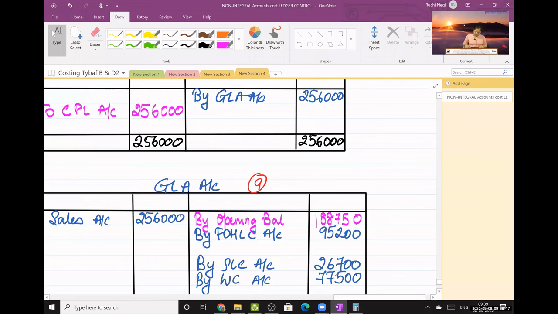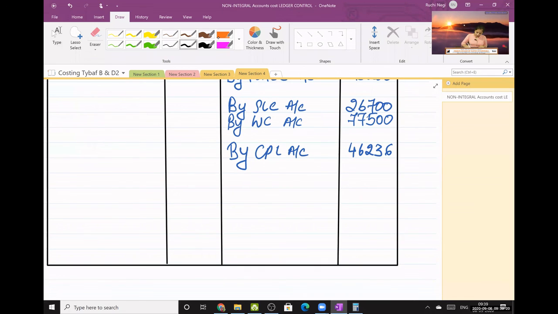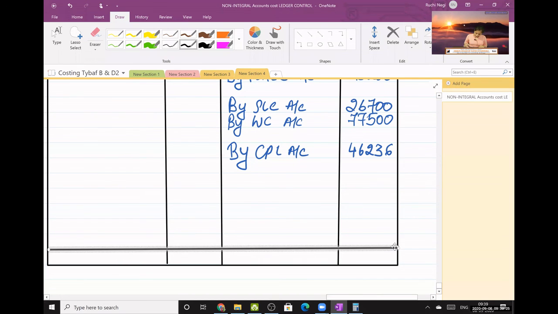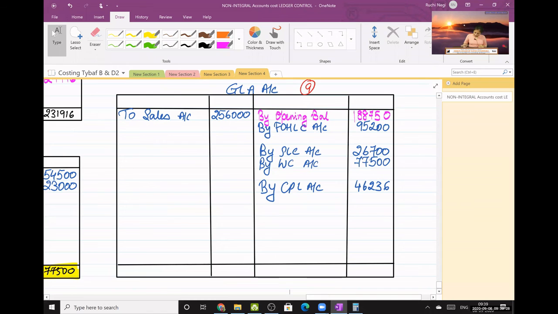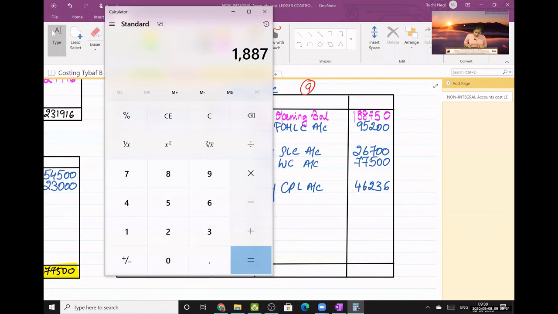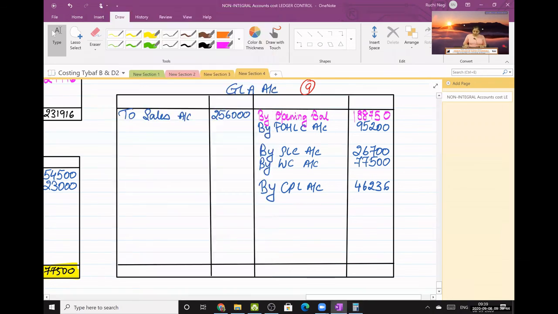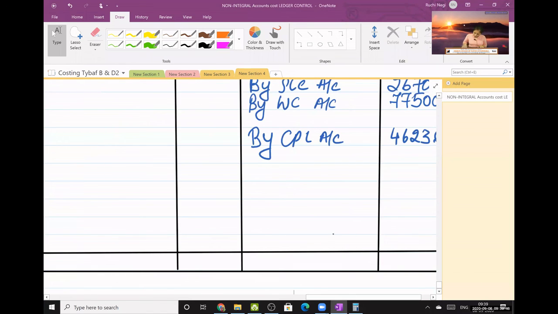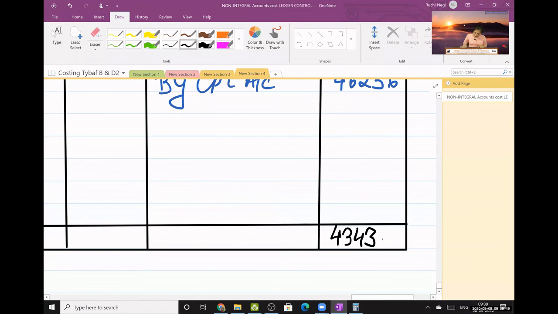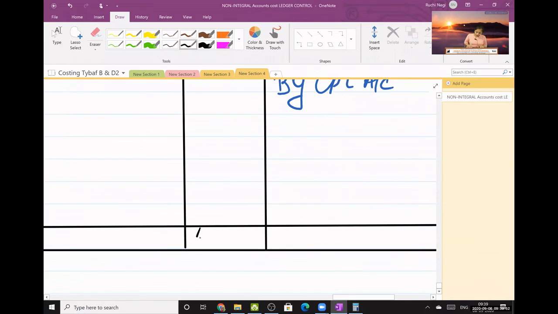Now close GL last. Obviously you know we have to tally it. Its closing balance should match the closing balance of stock. Do it. 1,88,750 plus 95,200 plus 26,700 plus 77,500 plus 46,236. 4,34,386. 4,34,386.